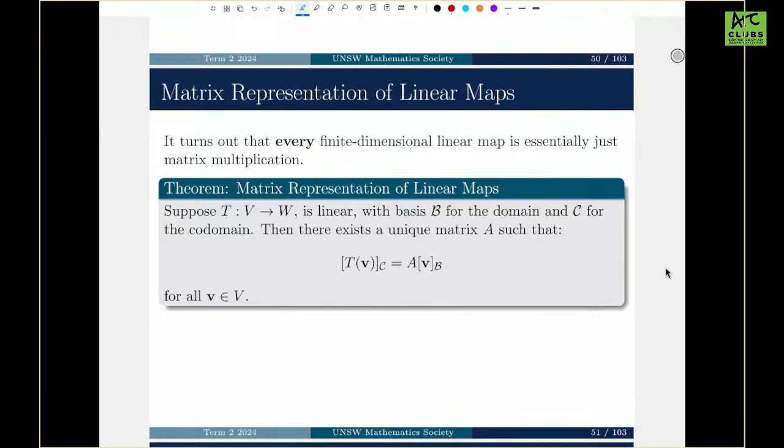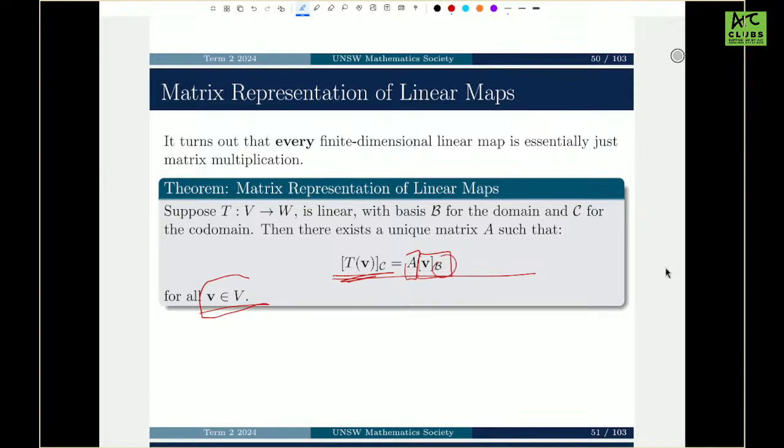Then there exists a unique matrix A such that the map under this basis is essentially just the application of this matrix to the coordinate vector of its input for this basis.